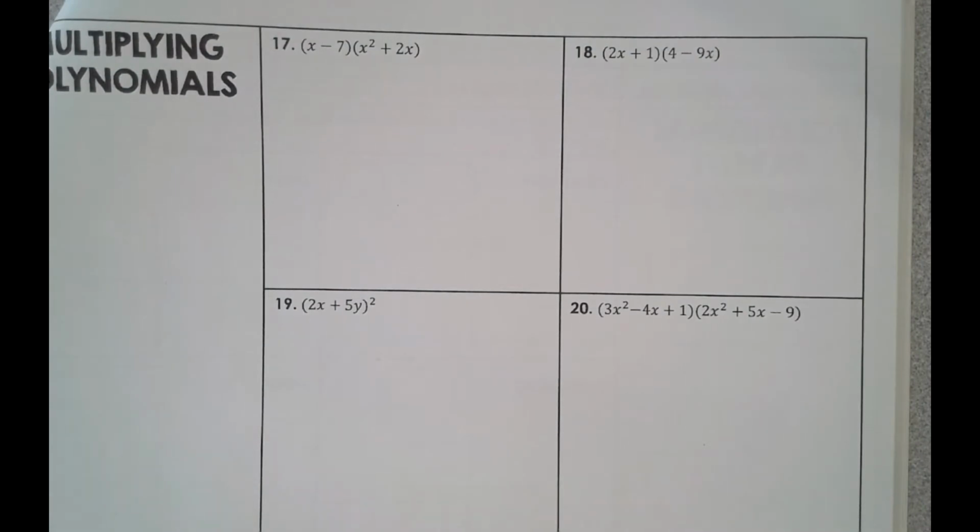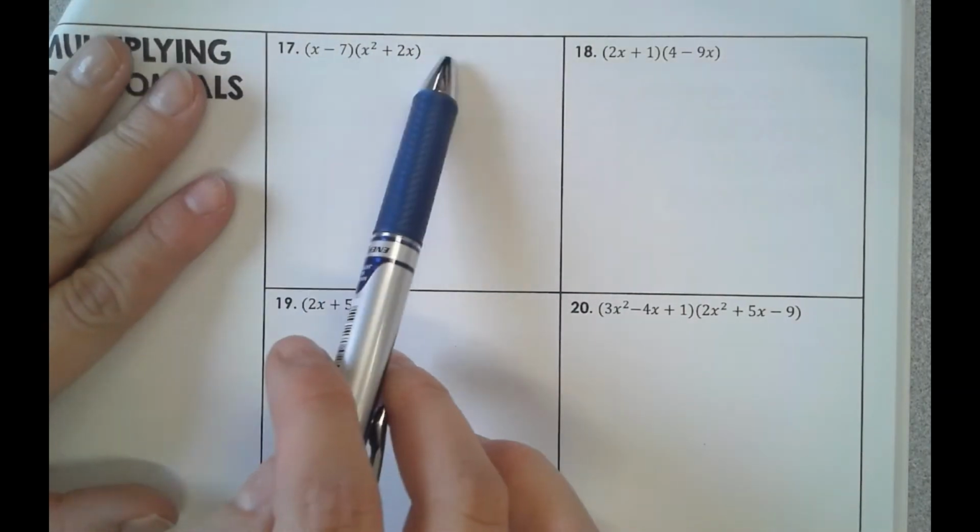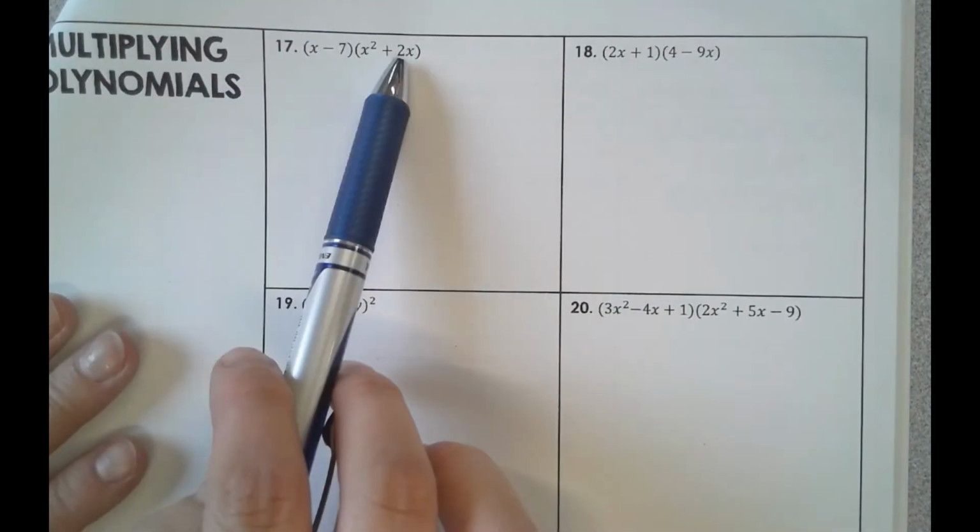So in Algebra 1, you probably learned about the FOIL method, which does work. That's fine. But I'm going to show you a different way. It's essentially the same thing, but it's organized a little bit. So I'm multiplying two binomials. So a 2 and a 2.